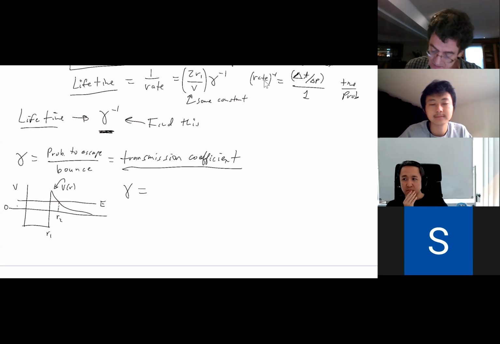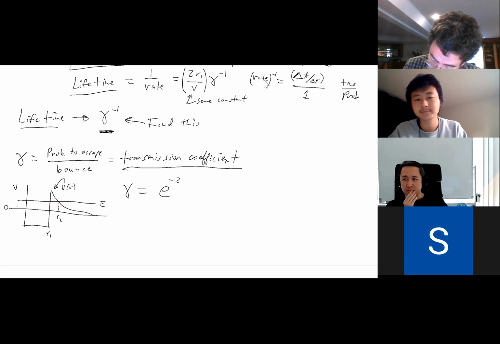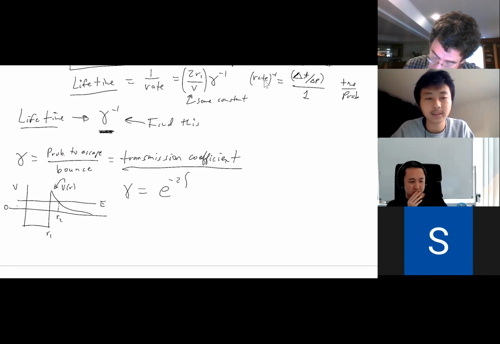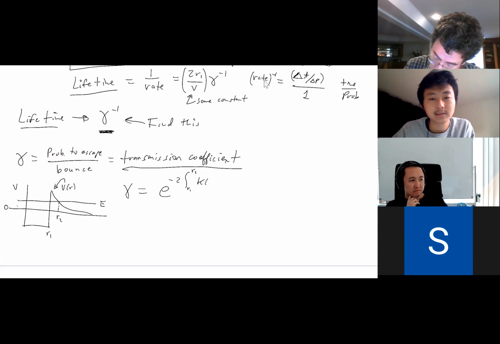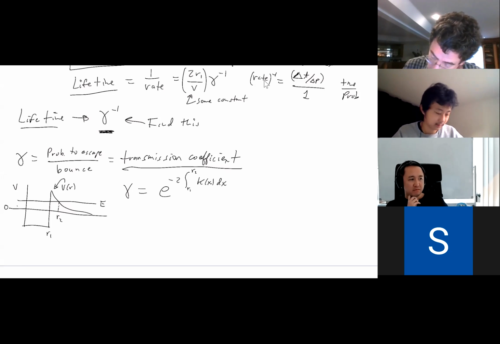E to the minus 2 times the integral, in this case from R1 to R2, of kappa of x dx. That's exactly right.